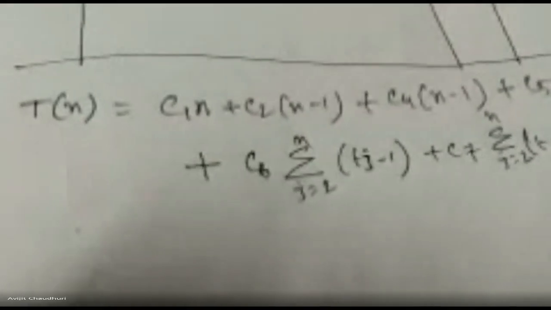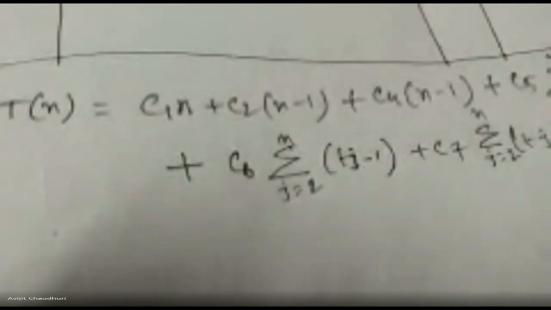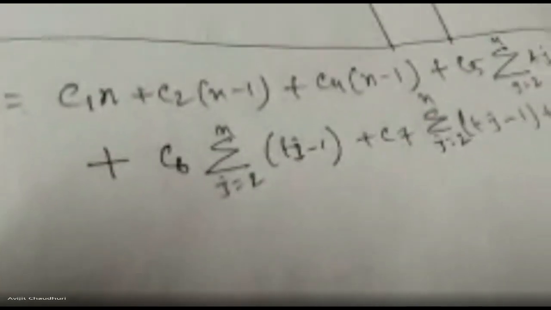It's not visible. I think this is visible now. T of n is equal to C1 n plus C2 into n minus 1 plus C4. Just multiplication, nothing else. You already have the table.